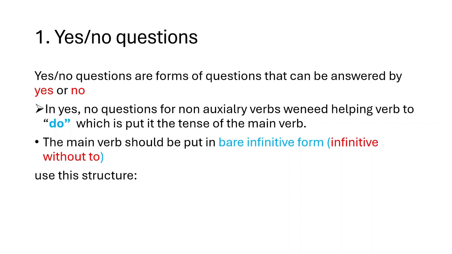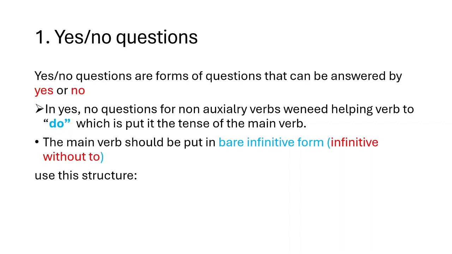If the main verb is in the present simple, verb to do should be in the present tense. And the main verb should be in bare infinitive form, to mean that you take the infinitive and remove to. If it is to go, the bare infinitive is go.